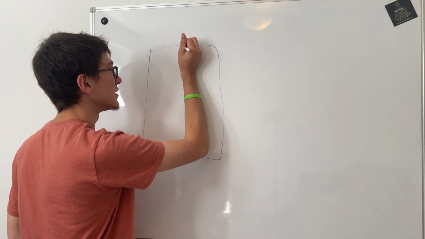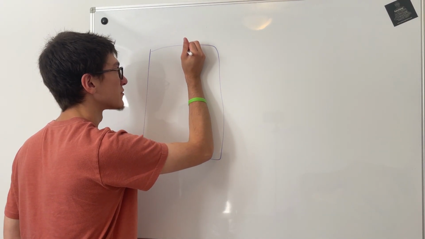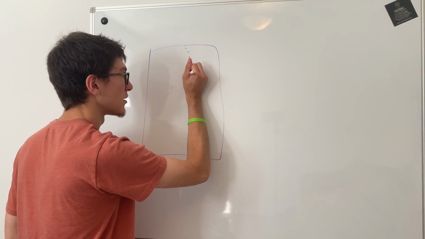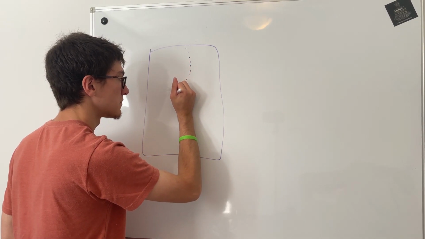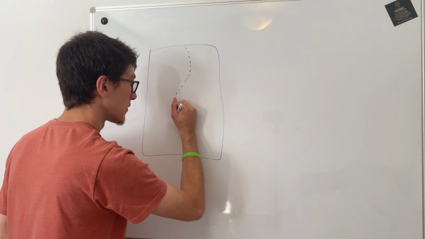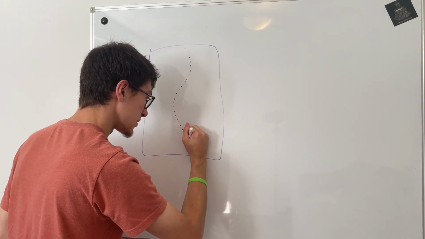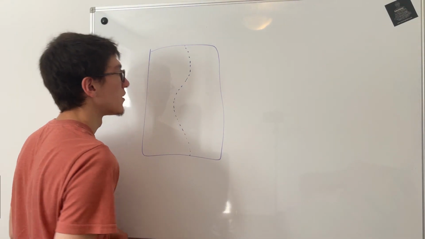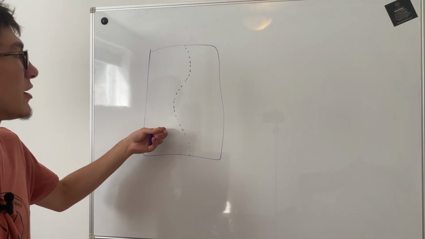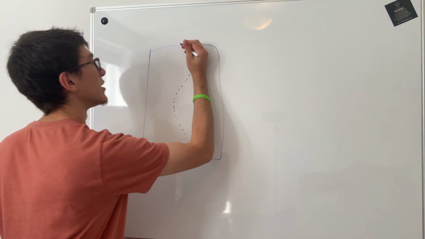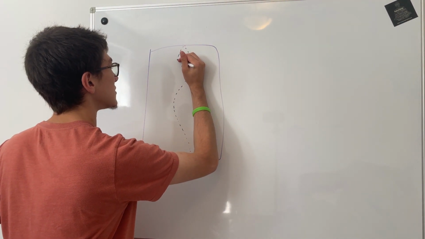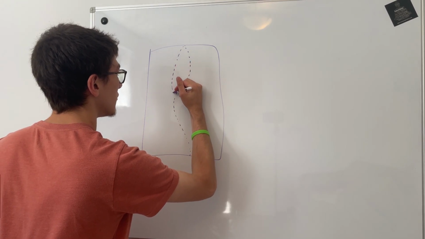So basically, he has a sine wave starting like this, something like this, right? So this is a sine wave, and he has a different sine wave over there.